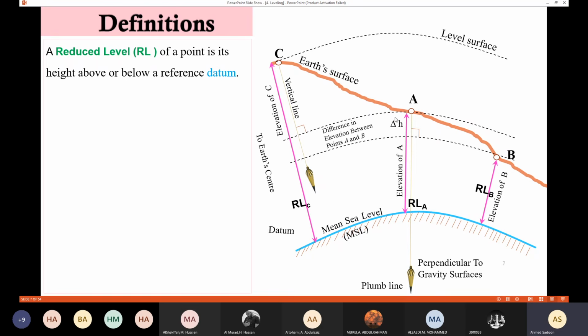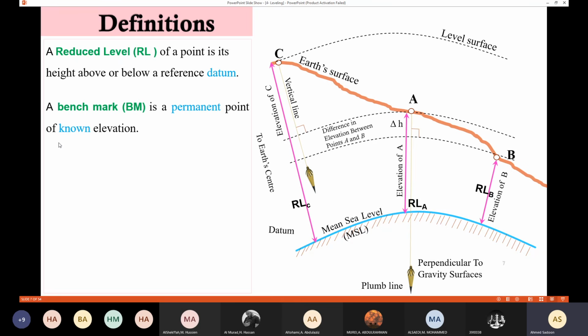And now, if I want to determine the difference in height between point A and point B, it's simply the reduced level of point A minus the reduced level of point B. So if you want the difference in height between two points, you first need to know the reduced level of the first point and the reduced level of the second point. The difference between them represents the leveling or the differential leveling between two points, or the difference in elevation between the two points.